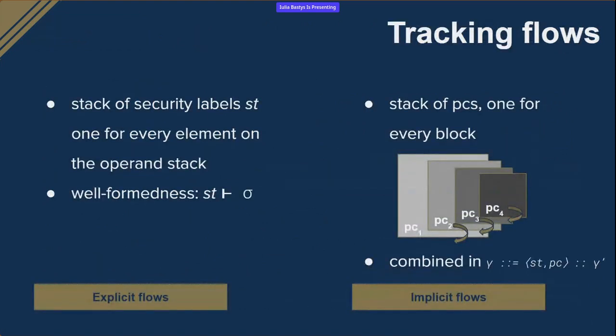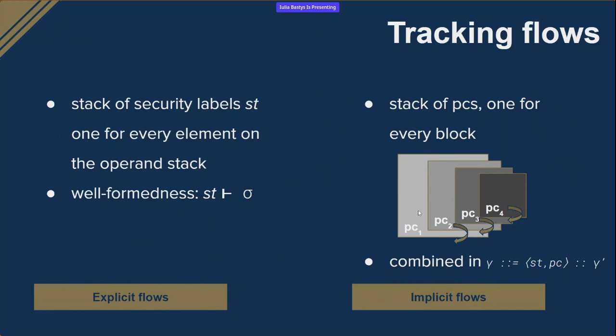First, for tracking the explicit flows, we use a stack of security labels, and we assign one security label to every element on the operand stack. And for tracking the implicit flows, we use a stack of PCs, which is also a stack of security labels. Recall that in Wasm, we have blocks, and these blocks can only be nested, and we can jump out of these blocks in any way, depending on what branching instructions we have inside.